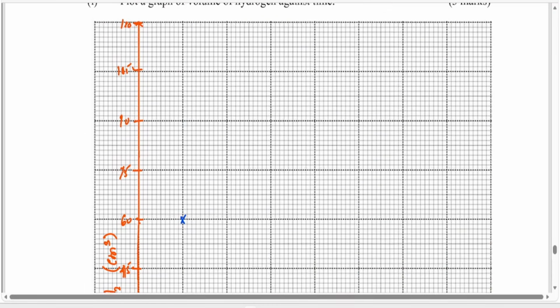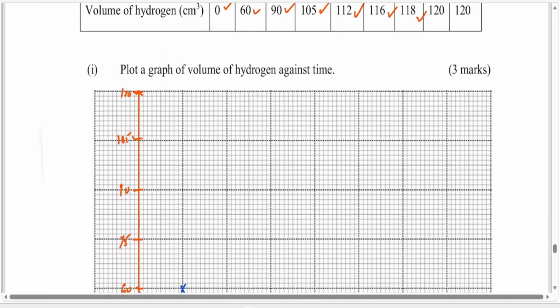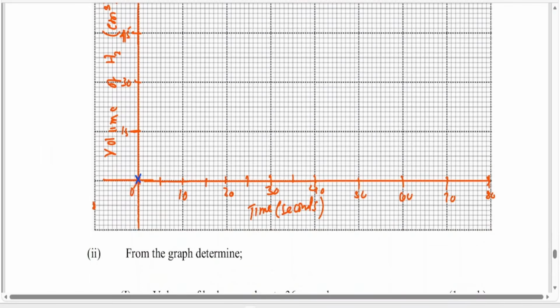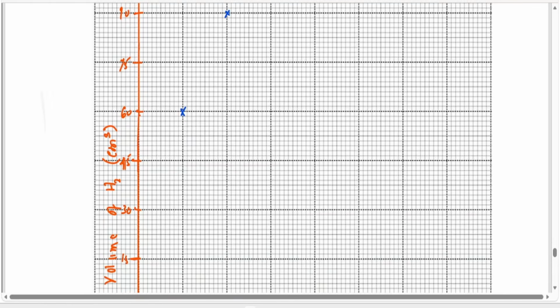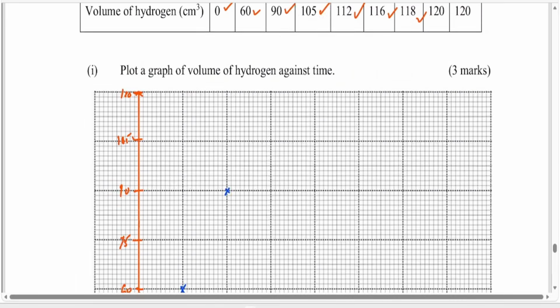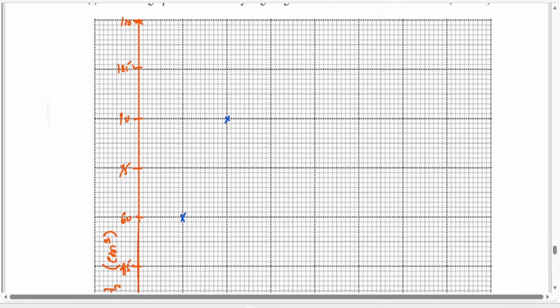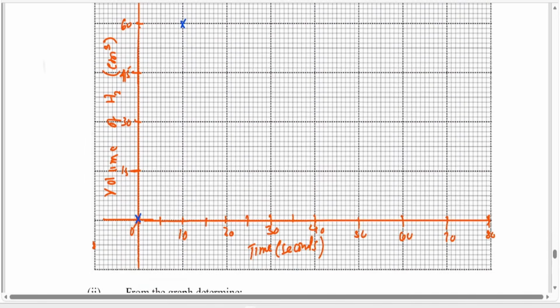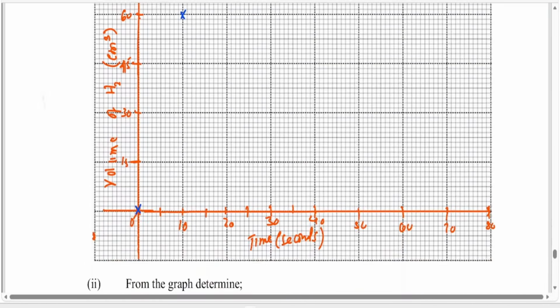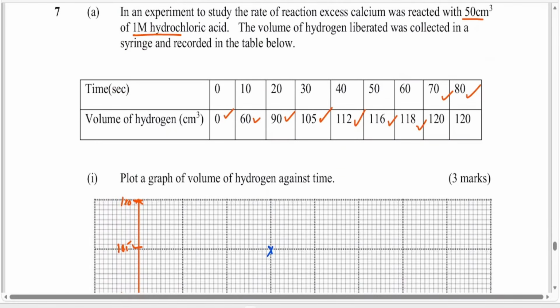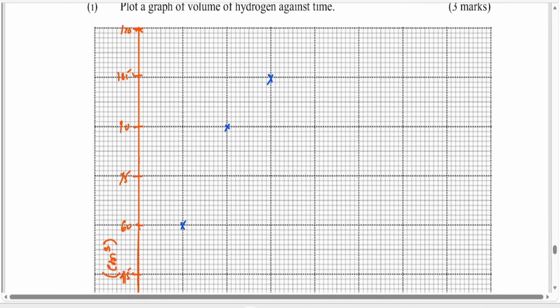Then we have 20, 90. Then we have 30, 105. Then we have 40, 112.